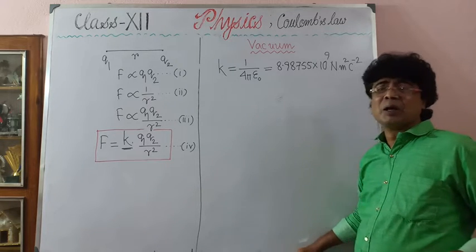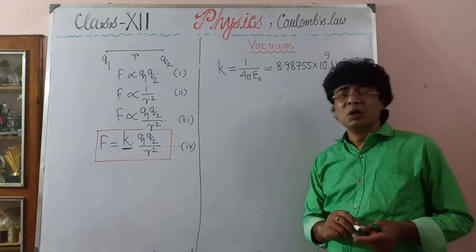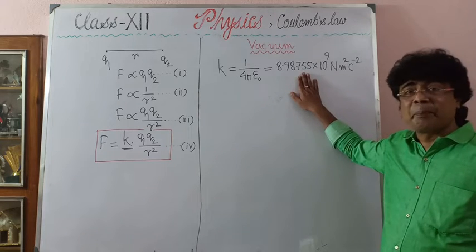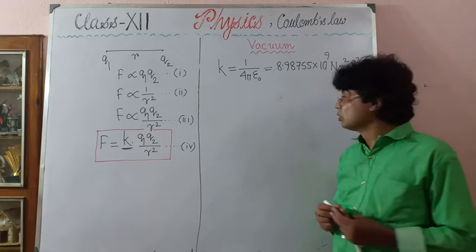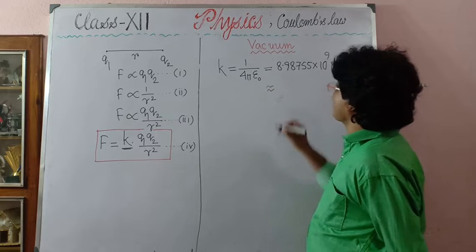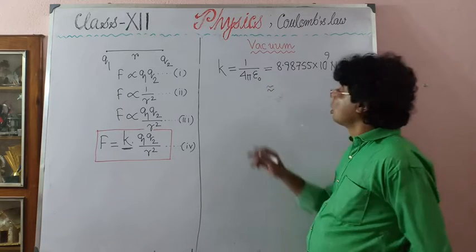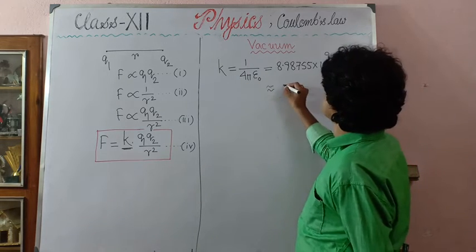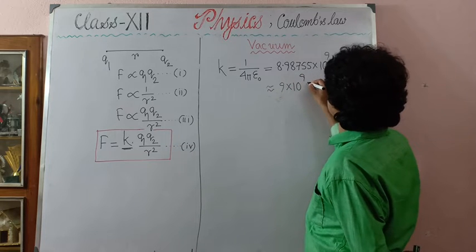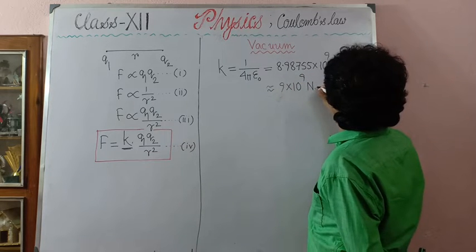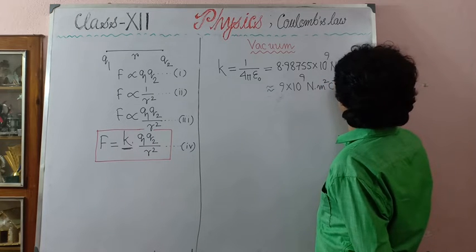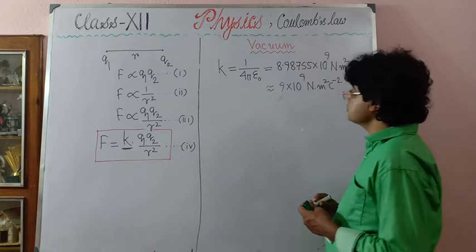And in many calculations we use its approximate value. The approximate value of K is 9 into 10 to the power 9 Newton meter square per Coulomb square.